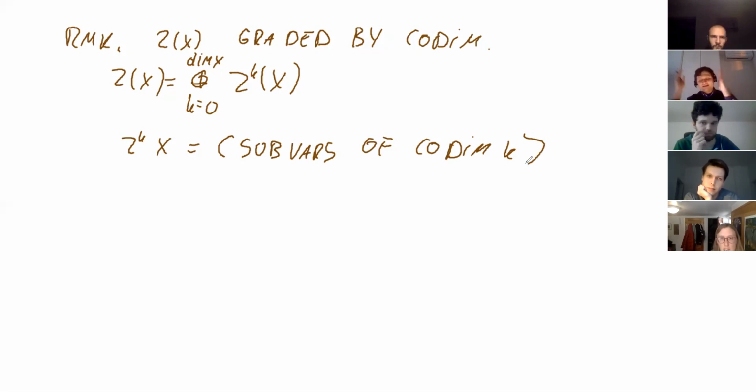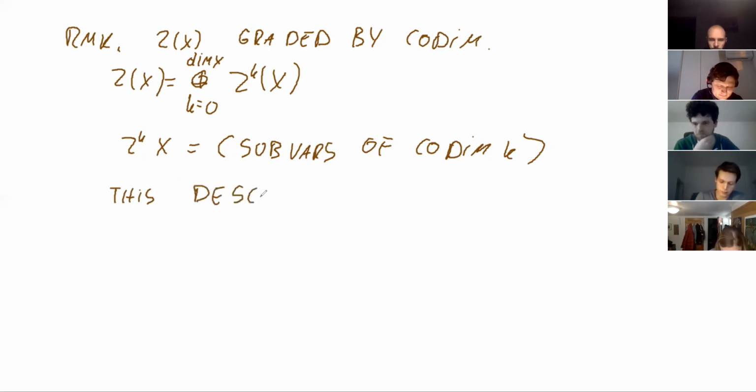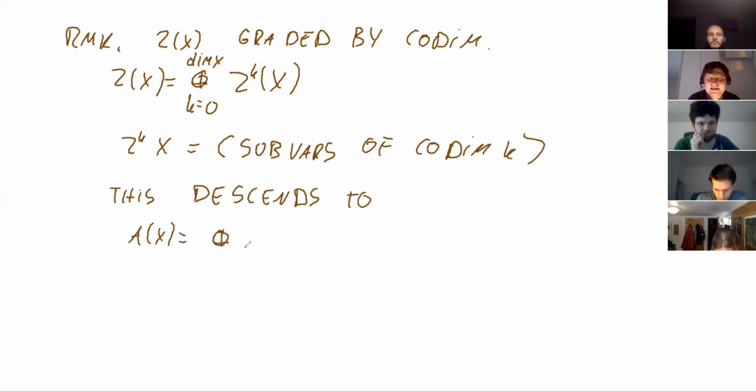That is, you will never identify these fibers. They will always be of the same dimension or codimension. So actually, this descends to A(X), which is a sum of the A^k(X).